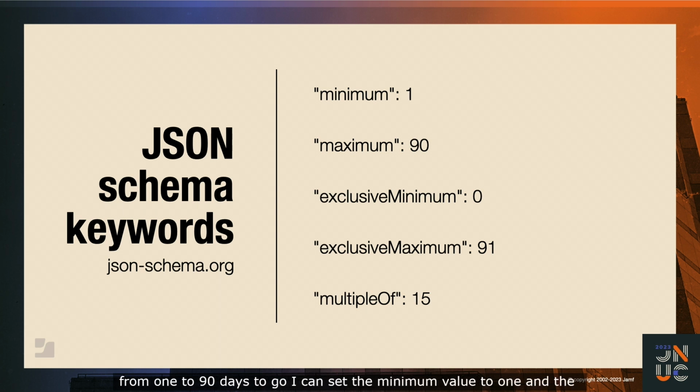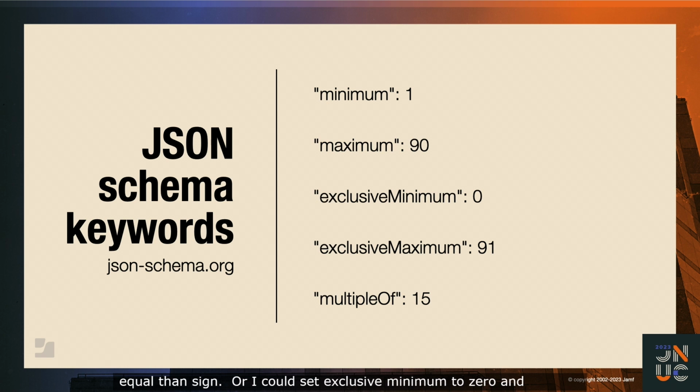So this is like using the greater than or equal to or less than or equal to sign. Or I could set exclusive minimum to 0 and exclusive maximum to 91 and get the same range of 1 to 90 days. So this is like using the greater than or less than sign.